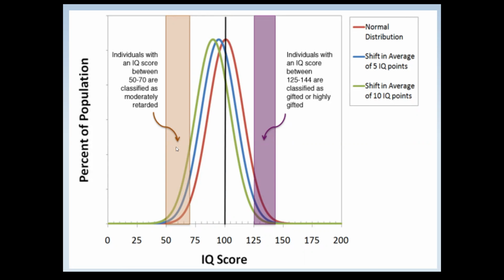And we see in this column that individuals with an IQ score between 50 and 70 are classified as moderately retarded. However, in the right column, individuals with IQ scores between 125 and 144 are classified as gifted or highly gifted.